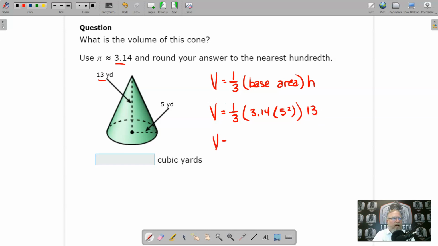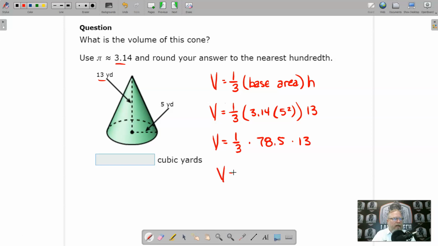Now I will keep the 1/3 here for now. Let's do 3.14, and I'm going to multiply that times 5 squared. The calculator is going to keep all of the order of operations squared away for me. So I get 78.5. And then I'll multiply that times 13.